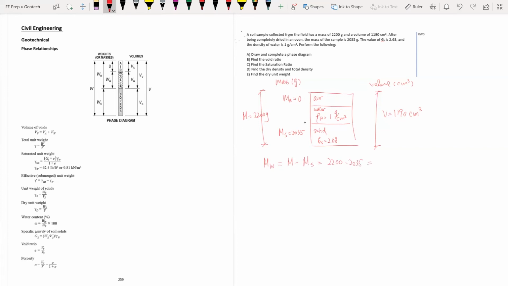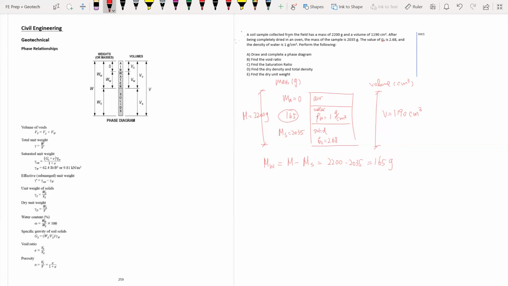So with that, we can find out the mass of the water to be 165 grams. After that, we know the density of water serves as a bridge between the mass of the water and the volume of the water.